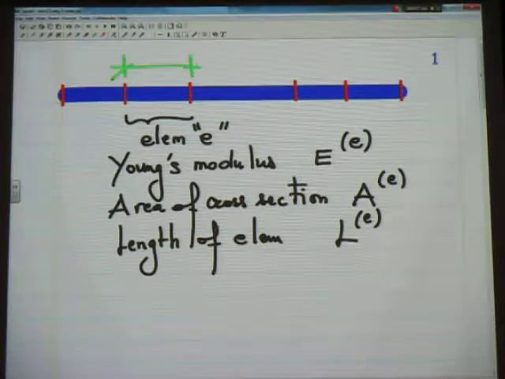Right, so that's the length. That's easy to draw. Okay, I can rearrange later.